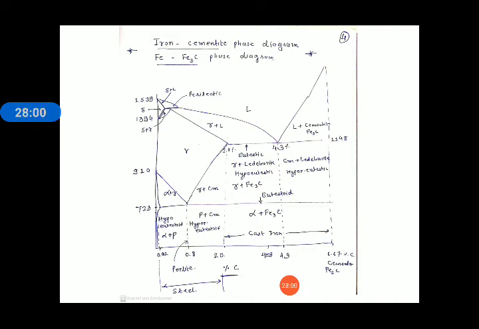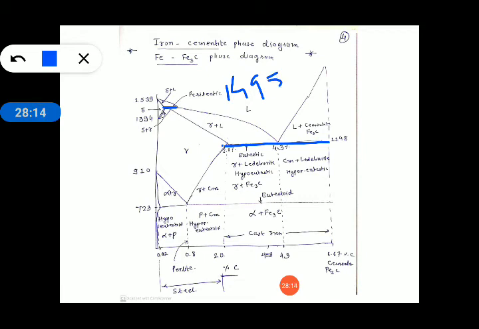The peritectic reaction is at 1495 degrees centigrade. The eutectic reaction occurs at 4.3 percent carbon and at 1148 degrees centigrade. The third invariant reaction is called the eutectoid reaction at 723 degrees centigrade.